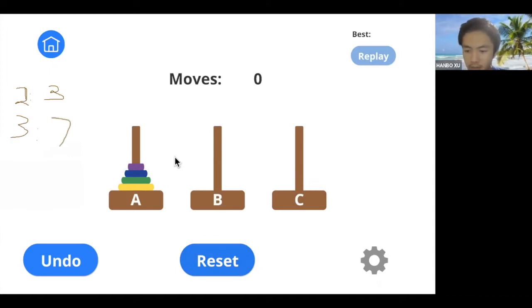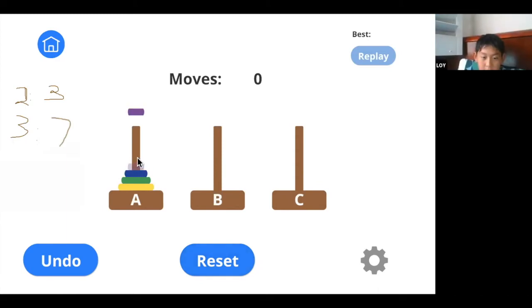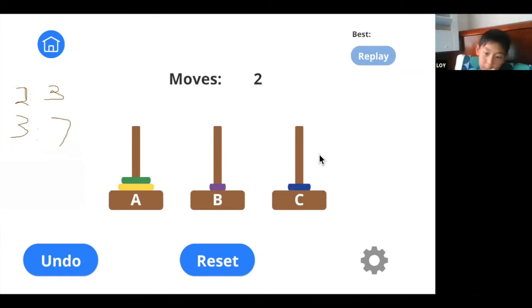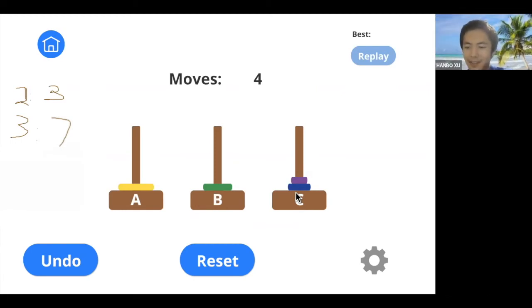Okay. The purple ring to the B. The blue ring to the C. The purple ring to the C. The green ring to the B. We could move the purple ring somewhere.